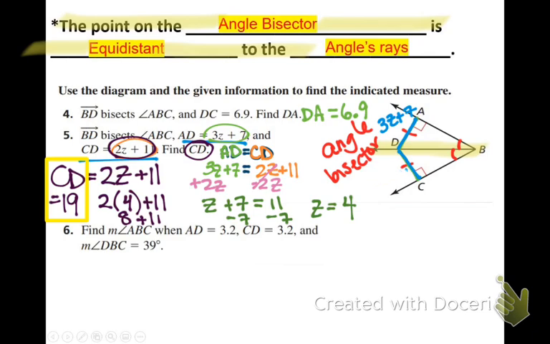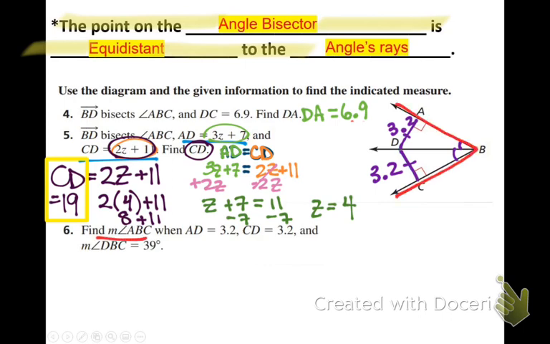Alright, our last problem. I'm going to erase what we've got because there's a lot going on over here. Our last problem, we have AD is 3.2. CD is also 3.2. So that means these are congruent, which means my angles will be congruent. It says find the measure of ABC if the measure of DBC is 39.